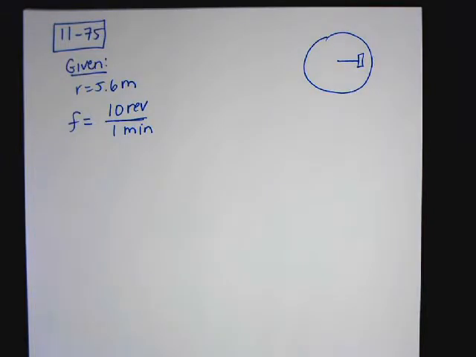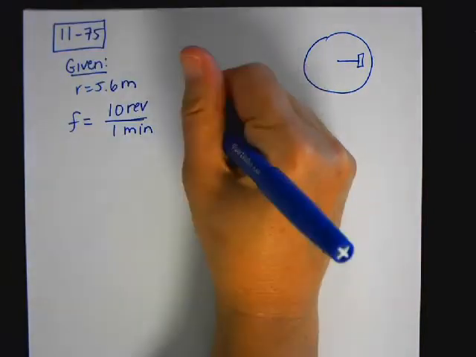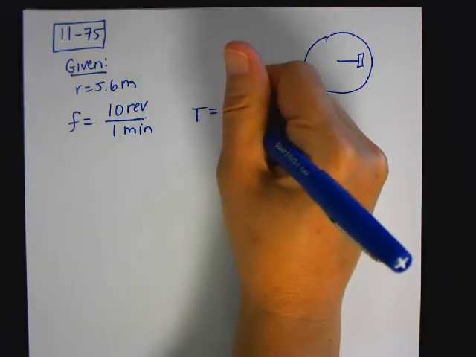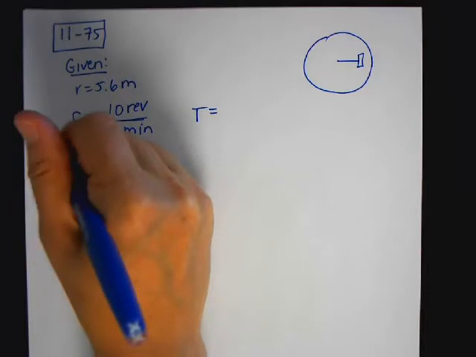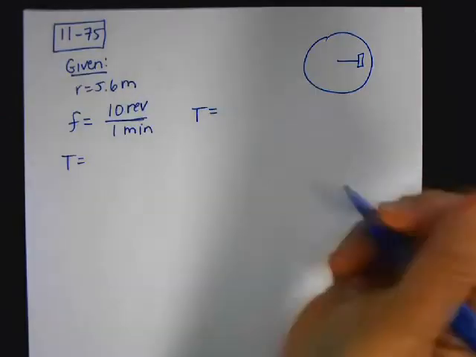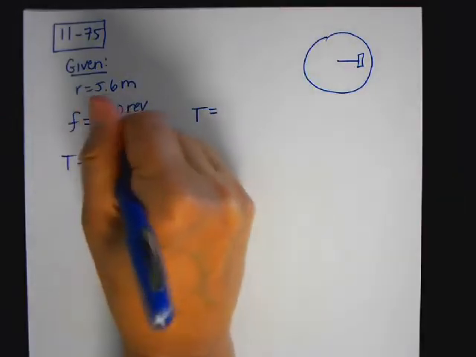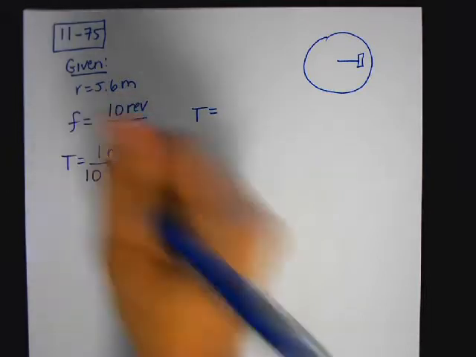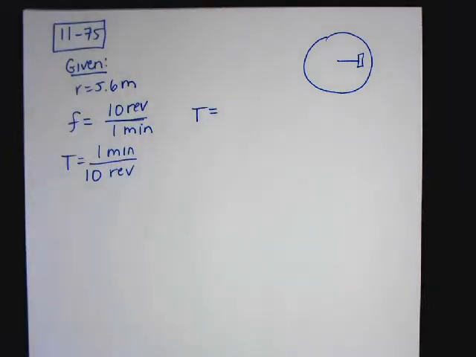Now I know that the period and the frequency are reciprocals of one another, so I can reverse this and say 1 minute per 10 revolutions is equal to the frequency.